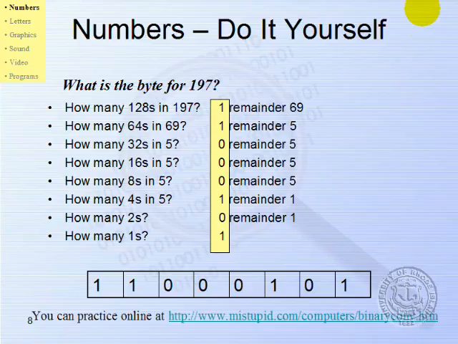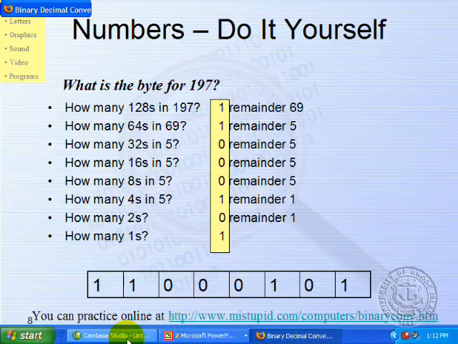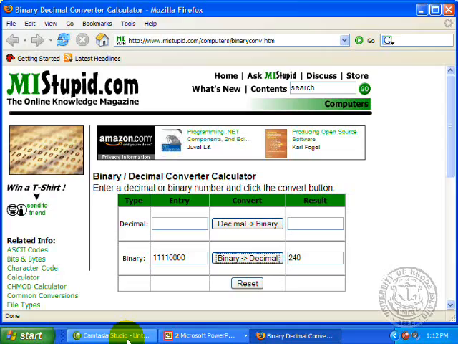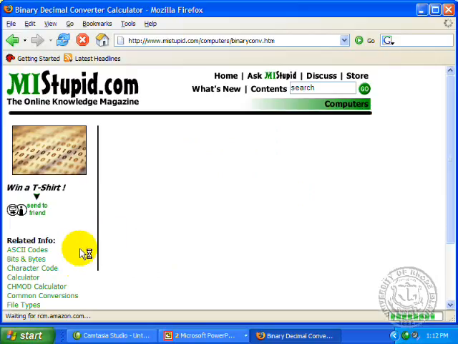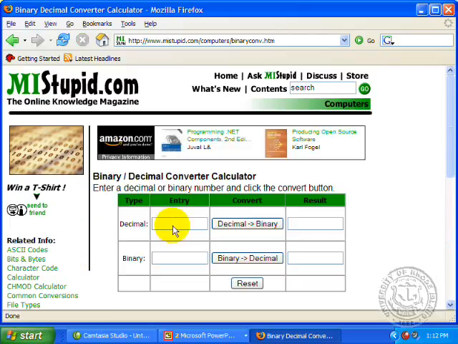You can practice this at the same website we saw earlier, where it will do a decimal to binary conversion. So we can type in the number 78, and it will give us the byte for 78.